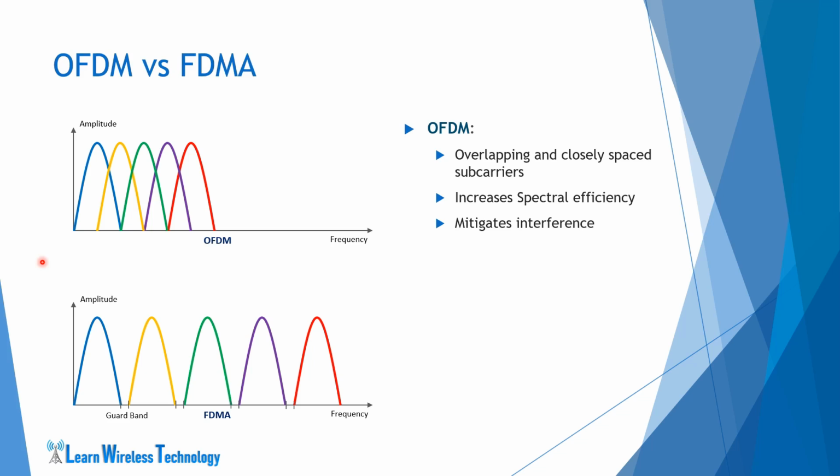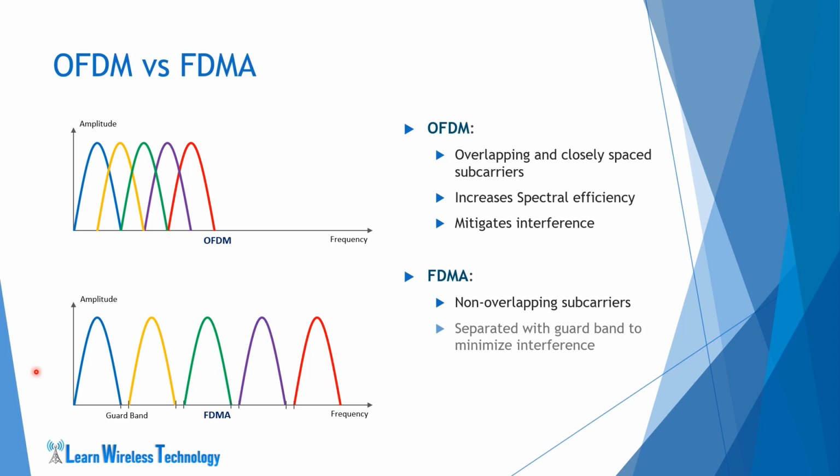And if you see here in the conventional FDM system, the subcarriers are non-overlapping. They are separated with sufficient guard band to minimize the interference. So if you compare the two systems, the difference is clearly visible as to how the bandwidth is utilized more efficiently in an OFDM system due to tightly packed carriers for transmitting data, whereas the FDM system uses guard bands between carriers which occupy more bandwidth for transmitting the same amount of data.